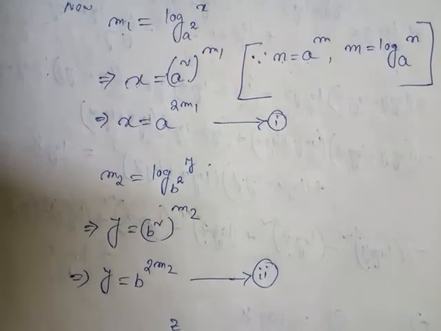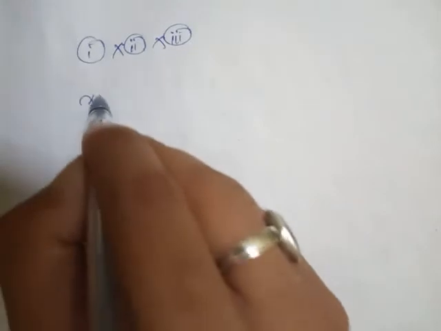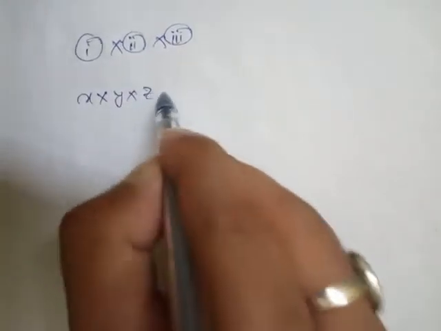Now look after that. Now 1 into 2 into 3. So what will happen if I go for the multiplication here? x into y into z.